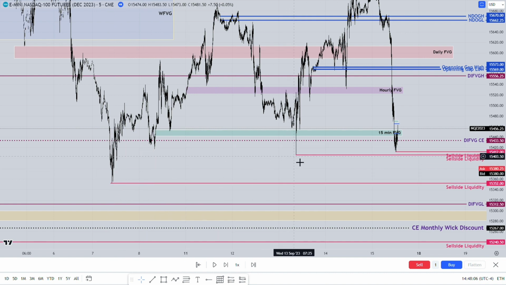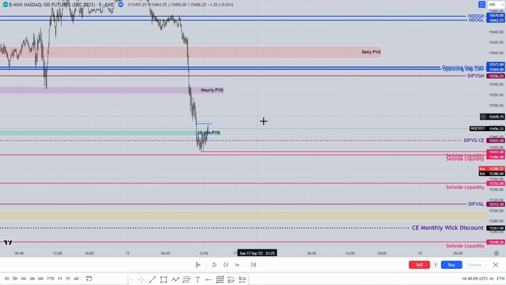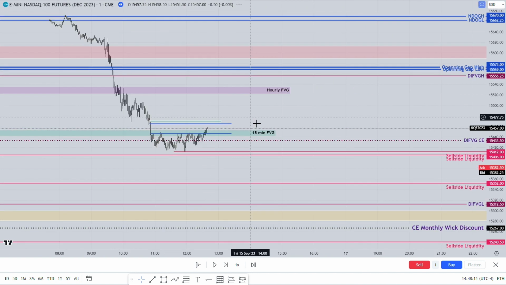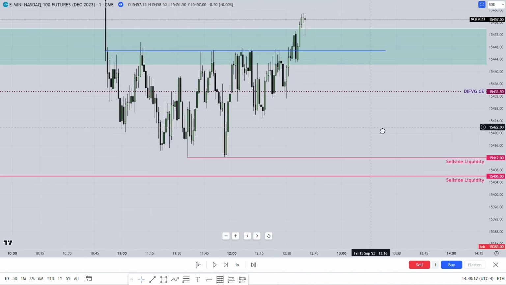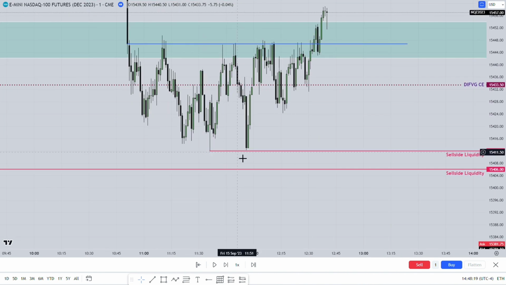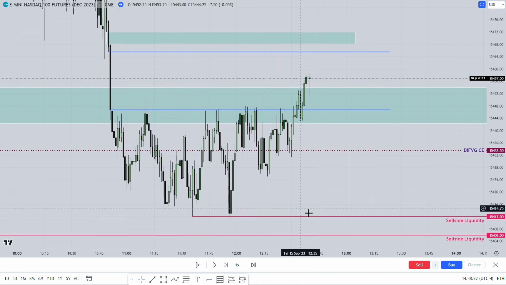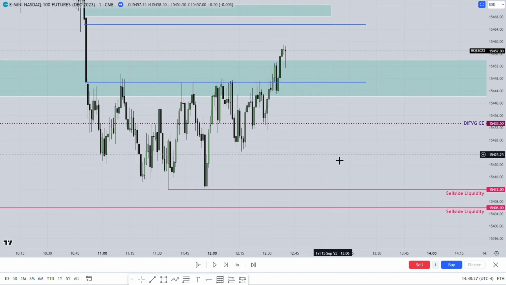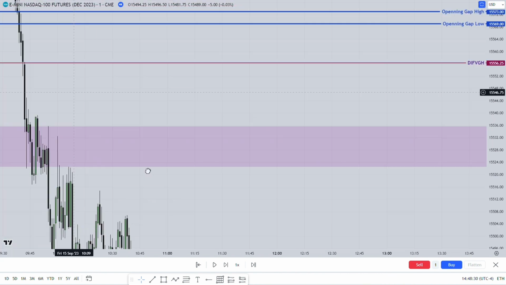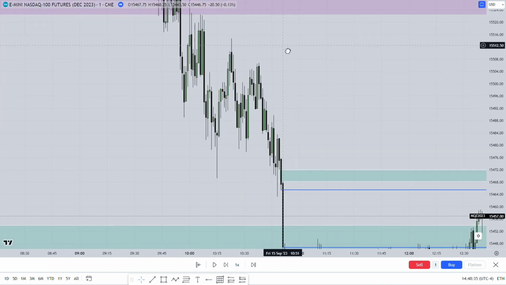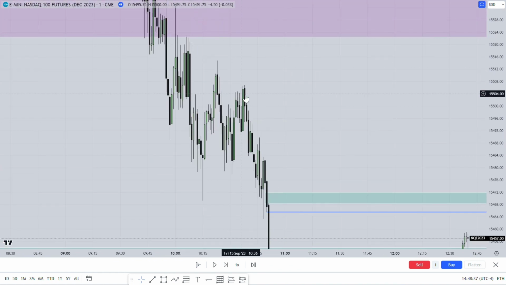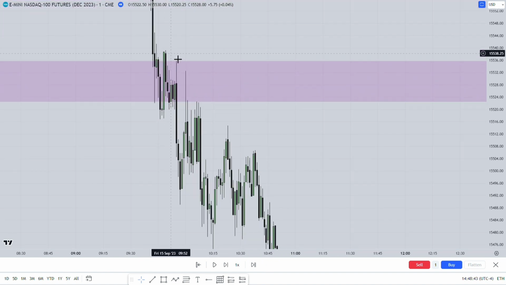So I marked this one as a sell side liquidity, and if I go to the 1 minute chart, you will see these are very clean lows. So when you open your chart and see that the market has traded from this big run, all of these are not equal highs.